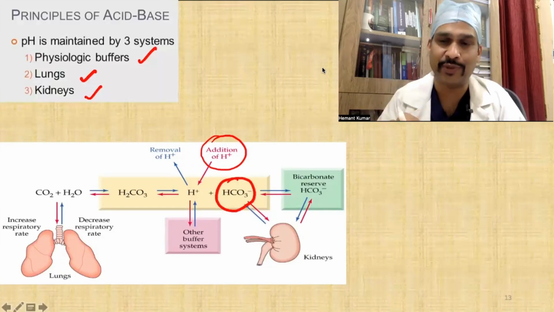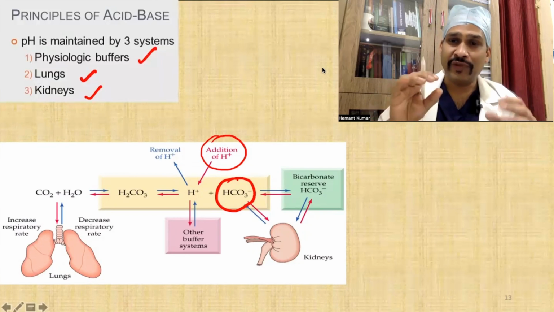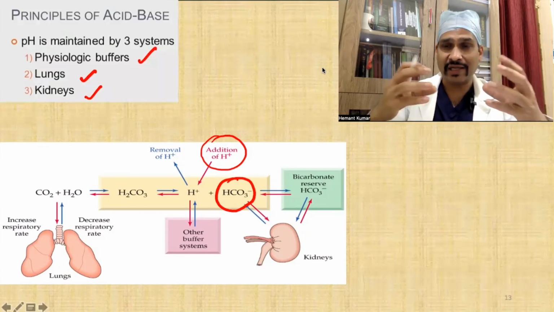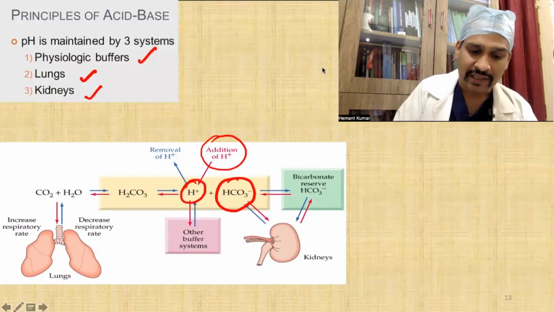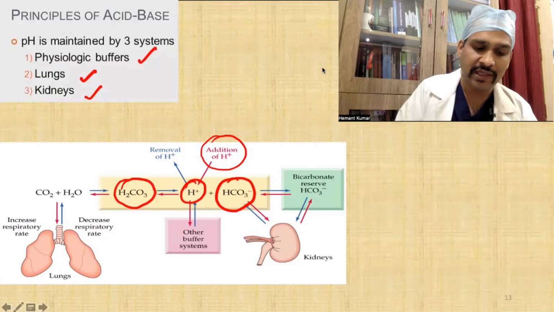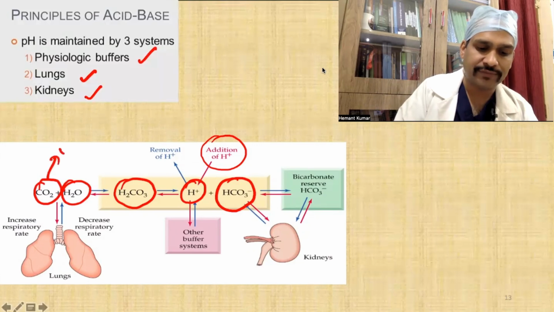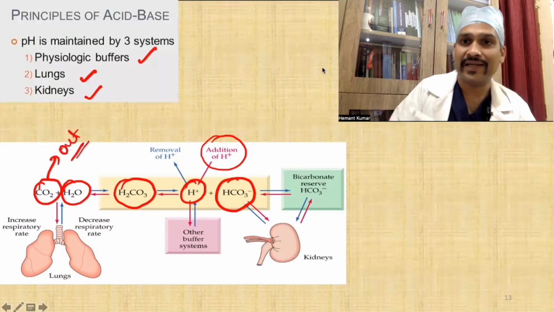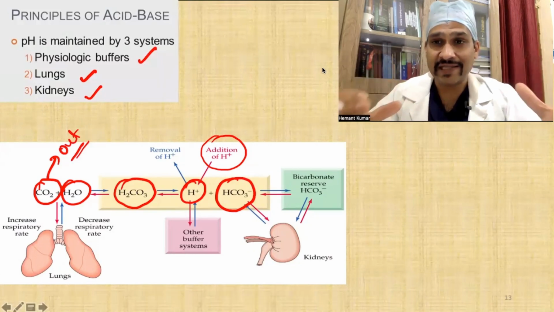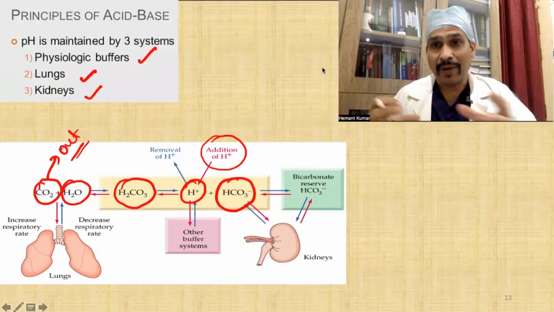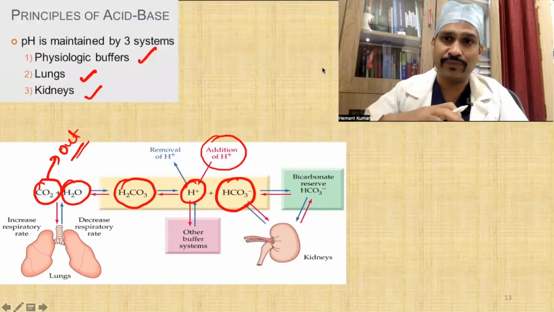Whenever acidosis occurs in the blood, bicarb comes and attaches to the H ion, creating H2CO3, which dissociates into CO2 and H2O. And the CO2 goes out by the lungs. So you can see that whatever acid is coming, bicarb is getting consumed.